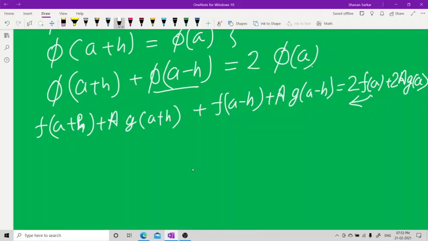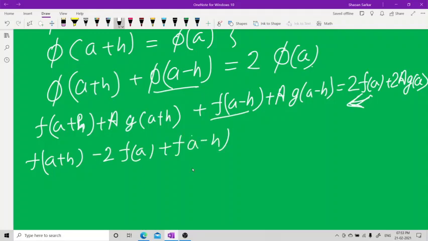Now, here it is. F of a plus h minus 2f of a plus f of a minus h. Take this on the other side and take minus a common.